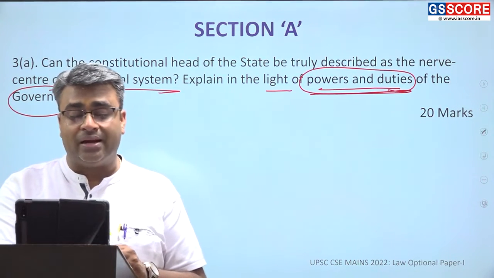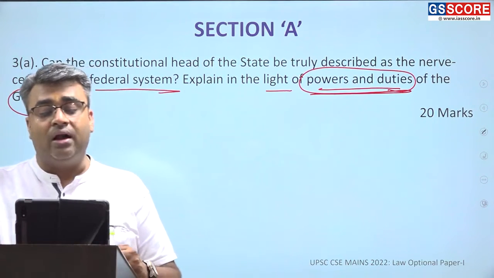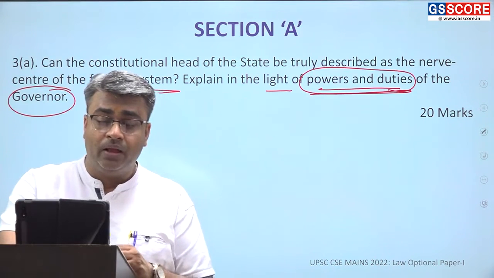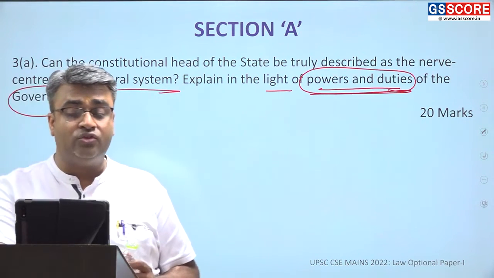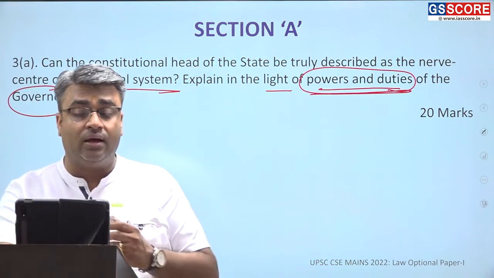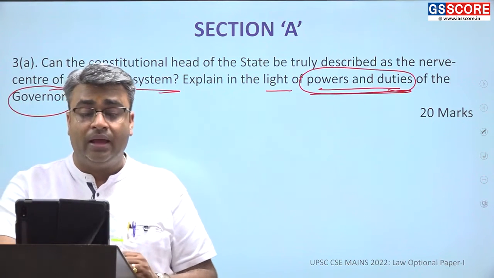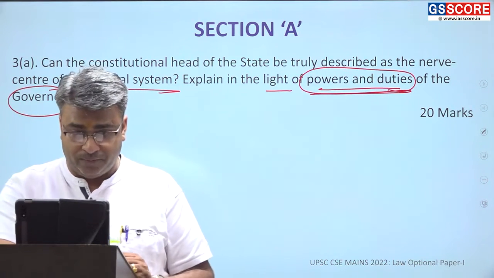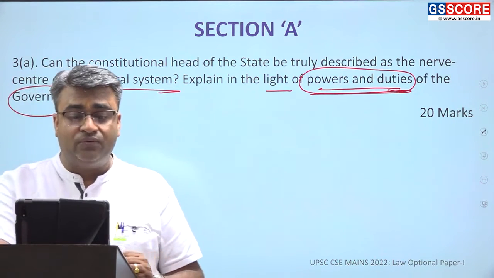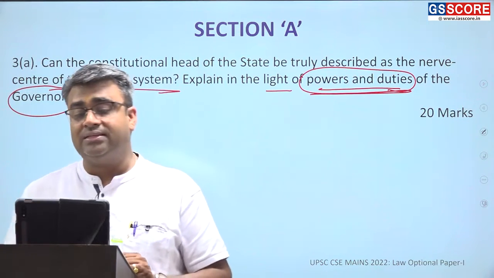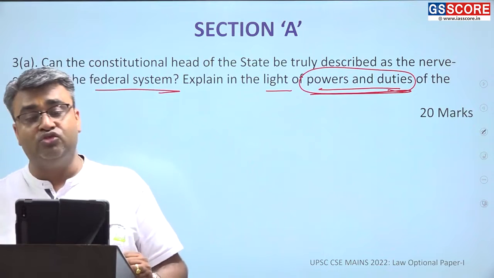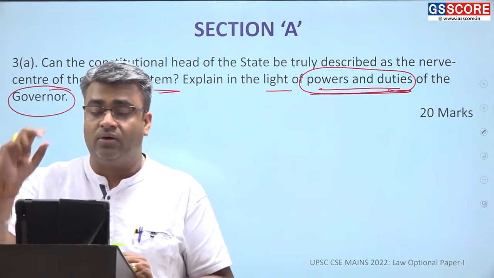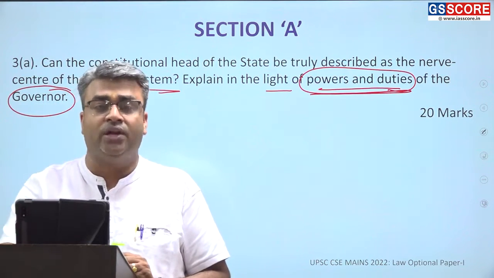By simply referring to the relevant articles, for example Article 153 and Article 155, which are about the governor and the appointment of governor, you can mention the various powers available with the governor. The powers and functions you can categorize as executive, legislative, financial, judicial, pardoning power, ordinance power. Just mention a little bit about these powers of the governor, one by one, very specifically.